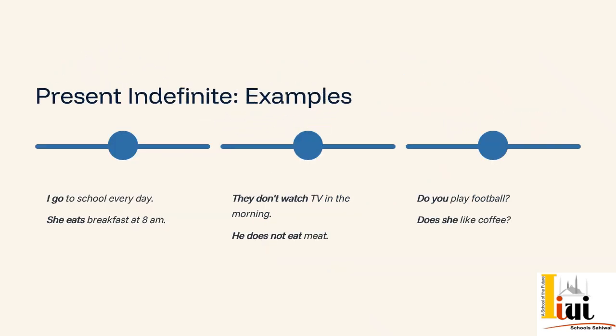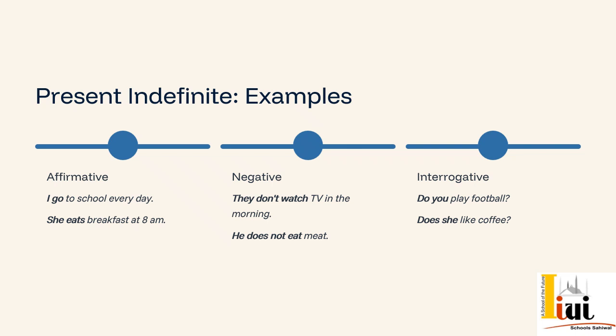So here are some examples of present simple, present negative, and interrogative tense. I go to school every day. She eats breakfast at 8 a.m. These examples show the routine and habitual action.